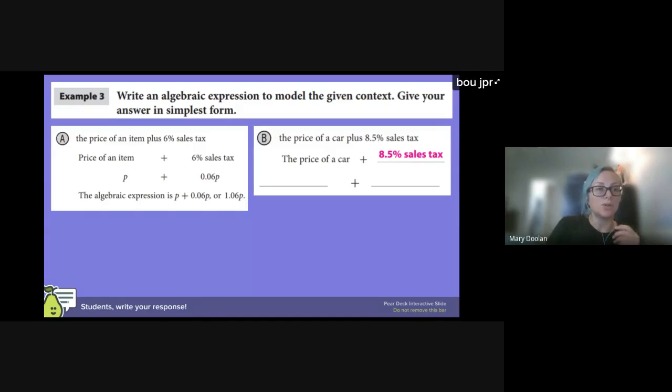I have 6 of 25 responses, so I do need you guys to start typing something, even if you're not really sure what to type. I need you to participate.